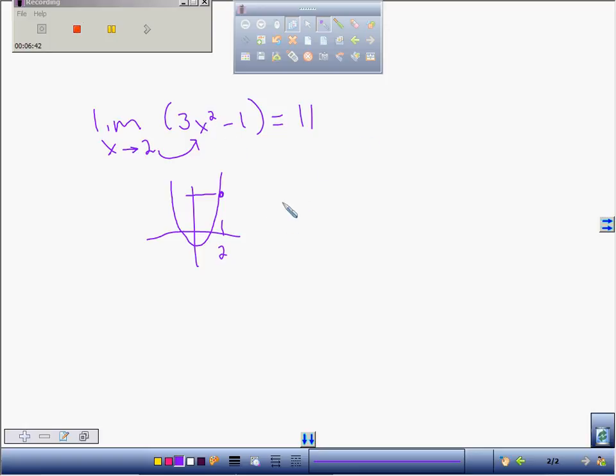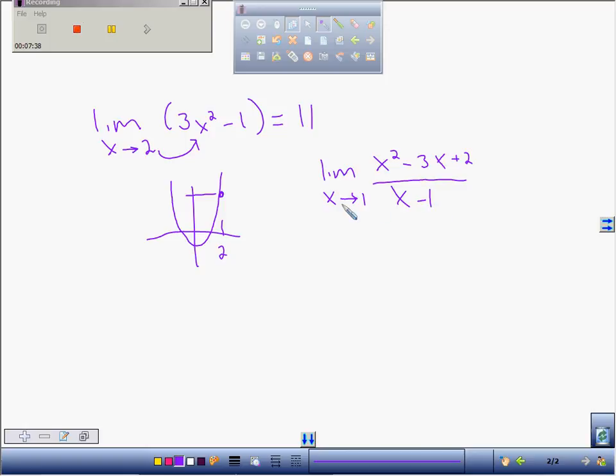But if you have something that's a little more complex, say we have the limit as x goes to 1 of x squared minus 3x plus 2 over x minus 1.